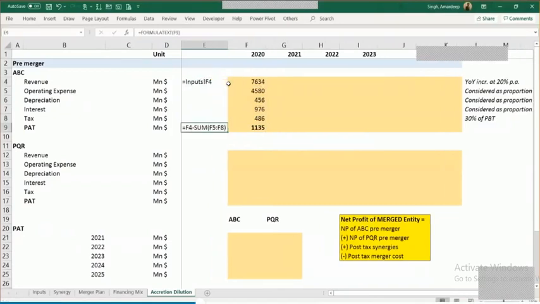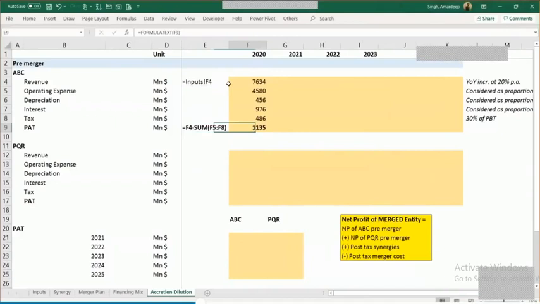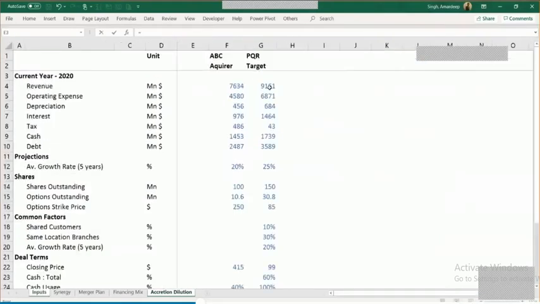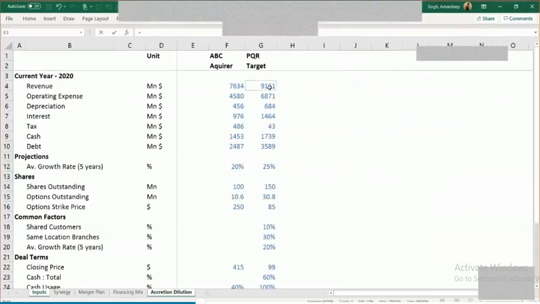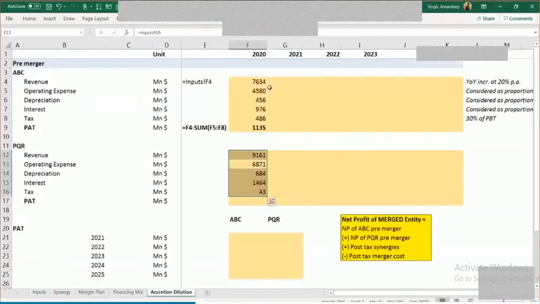This is the net profit. And on the same lines, you can do it for PQR as well, which is there in the input tab, 9 billion, right? And then at the end, you can figure out the net profit.